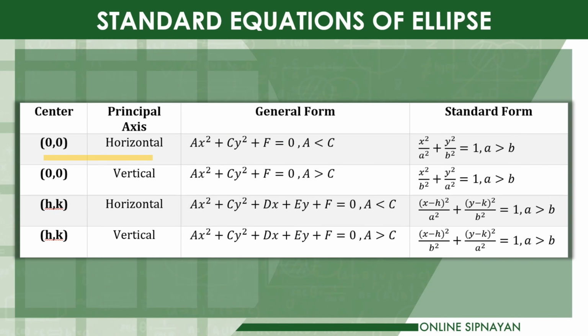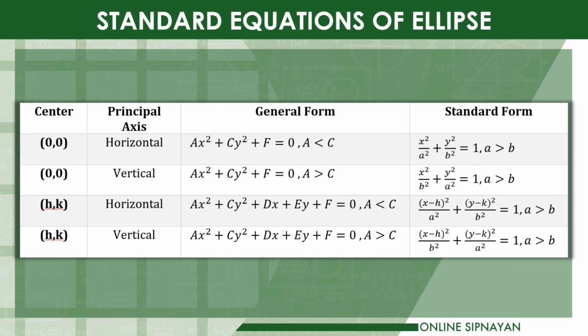If the center is at the origin and the principal or major axis is horizontal, then the general form to use is ax squared plus cy squared plus f is equal to 0, where a is less than c. And the standard form is x squared over a squared plus y squared over b squared is equal to 1, where a is greater than b.